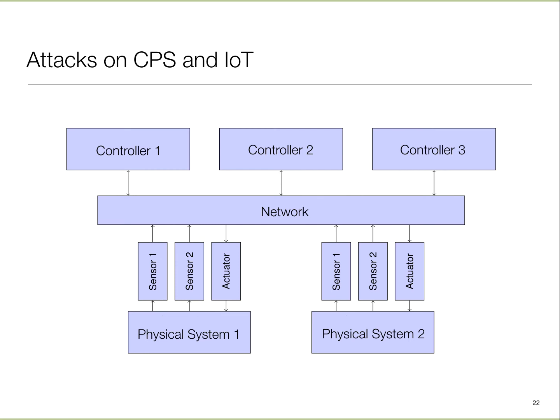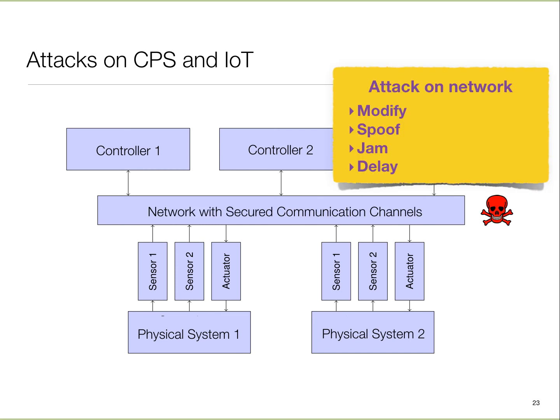In a very typical scenario, after some local processing, the data is sent over some sort of network to various controllers, and these controllers may interact with each other and with other systems. If you think of a system like this, where can attacks happen? Firstly, we have the traditional network level attacks where I could modify packets, I could spoof packets, I could jam, I could delay the communication, all those kinds of things.